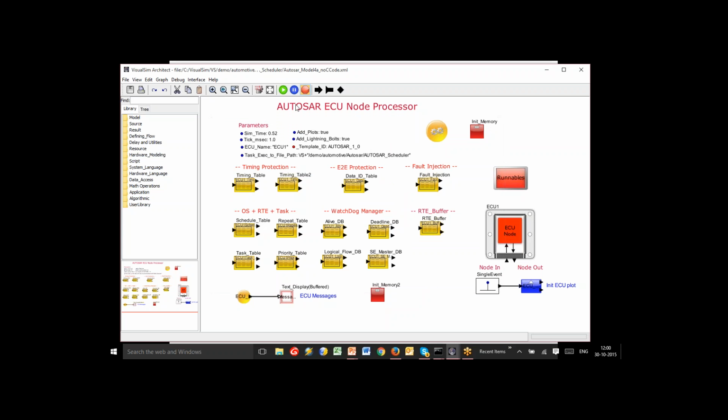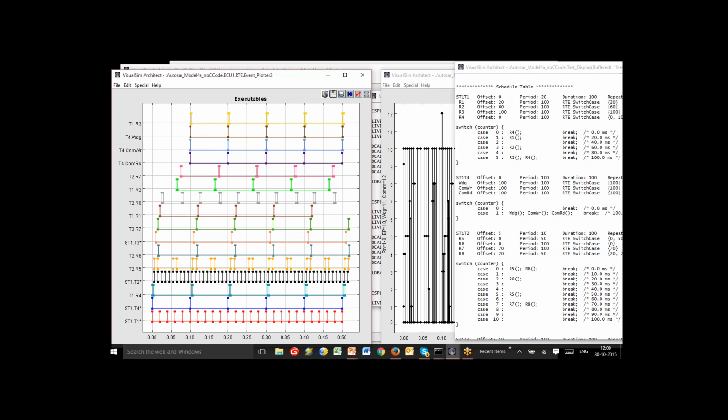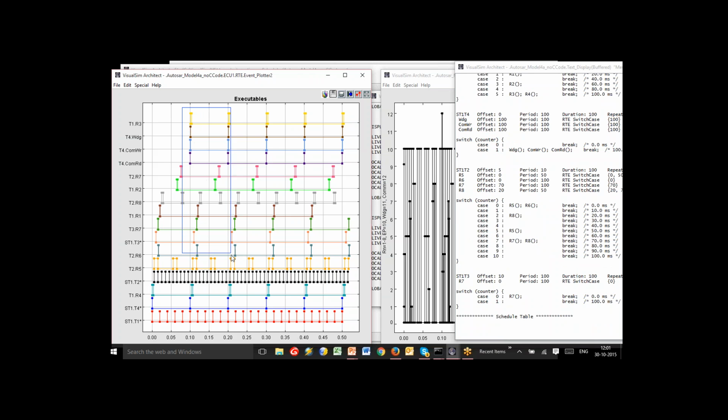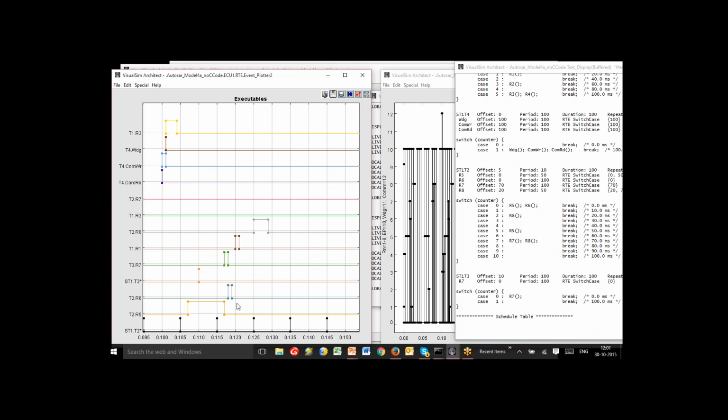Now, I'm going to go ahead and run the simulation, and I'm only going to focus on one aspect, which is really the deadline. So I'm going to zoom into this particular region, and I'm going to focus on just a few tasks here, which is right over here.